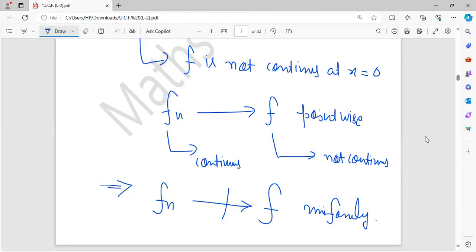In other words, we can use this theorem in another way. Suppose we have a sequence of continuous functions and f is not continuous, then fn cannot converge to f uniformly.